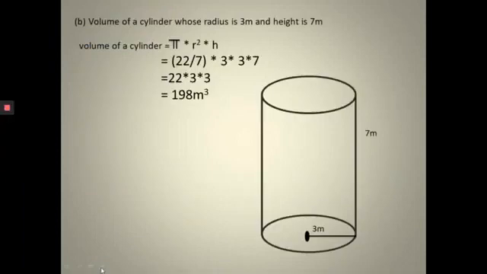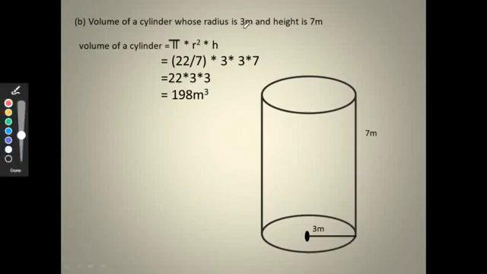Volume of a cylinder whose radius is 3 meter and height is 7 meter. We have to find the volume of a cylinder, and the radius is given to be 3 meter and the height is given to be 7 meter. What we have to find?